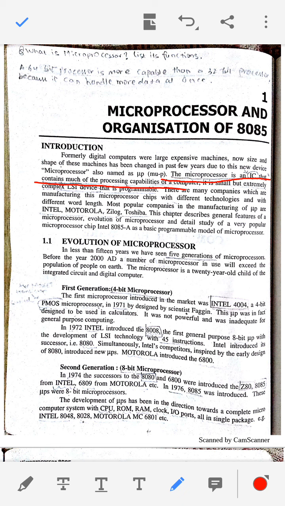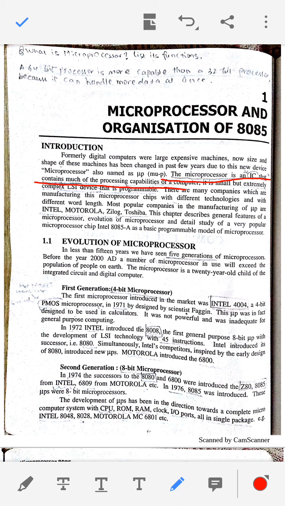It is a small but extremely complex LSI device that is programmable. So a microprocessor is nothing but a CPU which does all the arithmetic and logical operations for the computer.